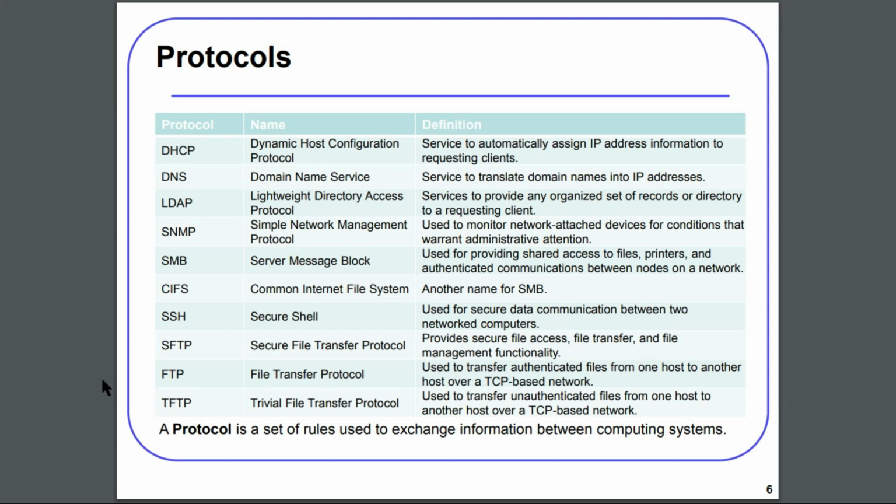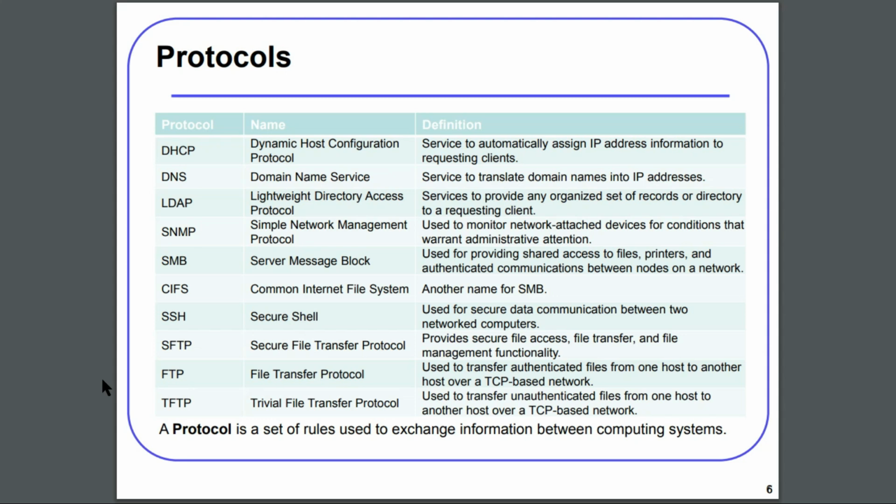FTP, file transfer protocol, is used to transfer authenticated files from one host to another host over a TCP based network. TFTP, trivial file transfer protocol, is used to transfer files from one host to another host over a network. So a protocol is a set of rules used to exchange information between computing systems.